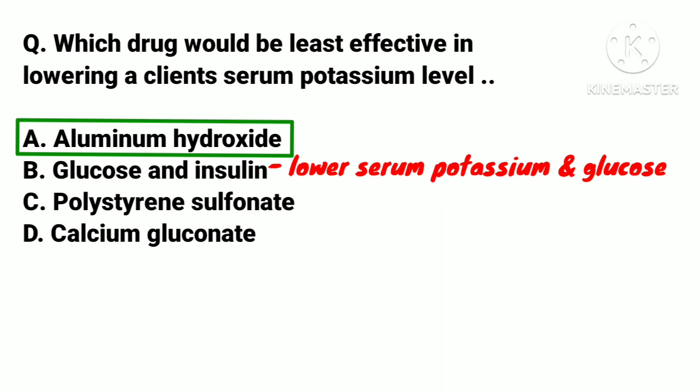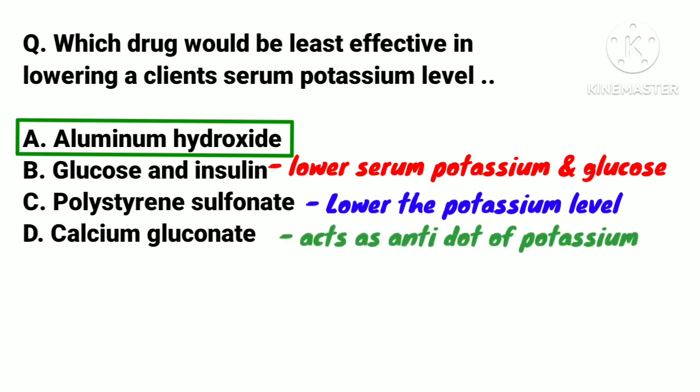In option C, polystyrene sulfonate also lowers the potassium level by binding potassium in the intestine and excreting it from the body. Polystyrene sulfonate, also known as Kayexalate, is available in powder form and given orally. In option D, calcium gluconate acts as an antidote of potassium and it decreases the cardiac toxicity of serum potassium.